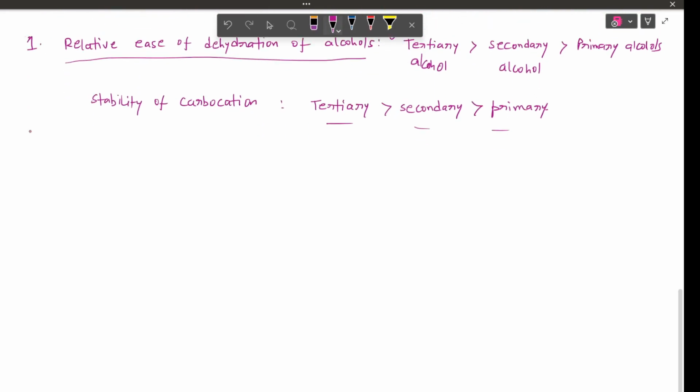Now, our second evidence is the formation of unexpected products, that is, rearrangement of carbocation.